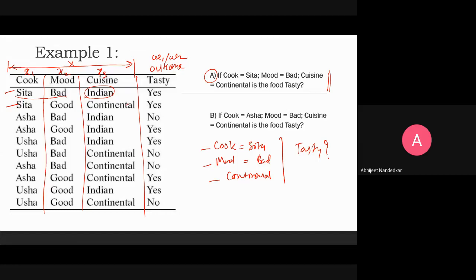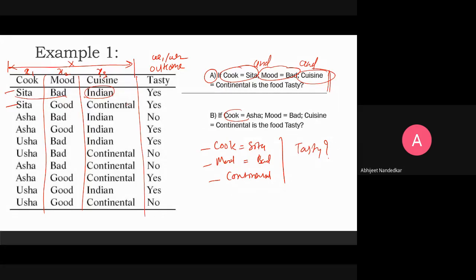If I look for the relation Sita and bad and continental, there is no evidence. Such a combination does not exist in my table, so I cannot answer such questions.